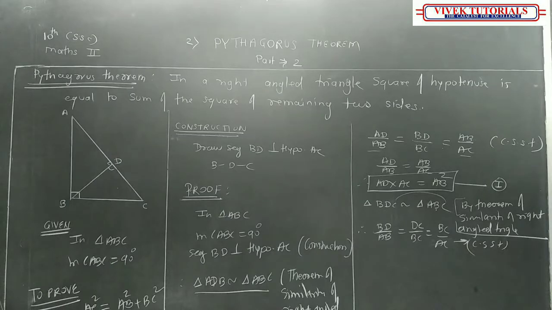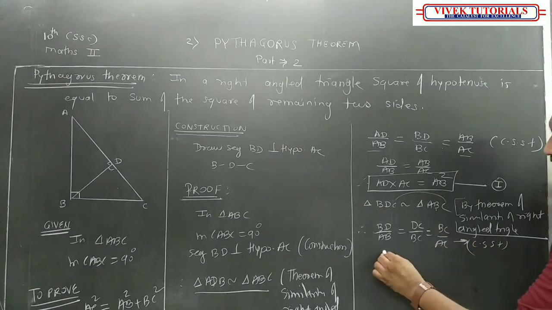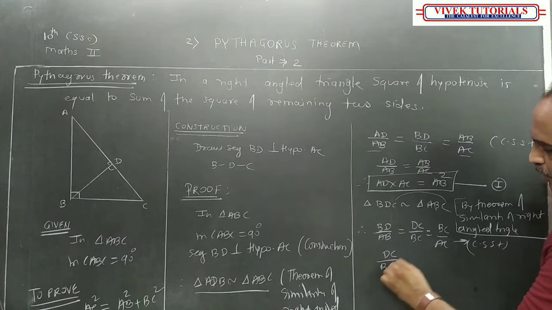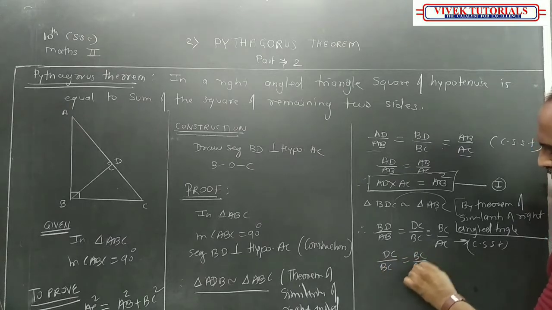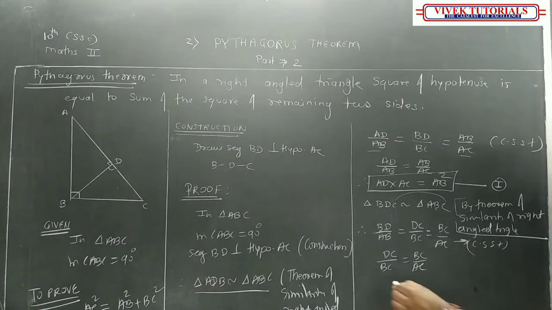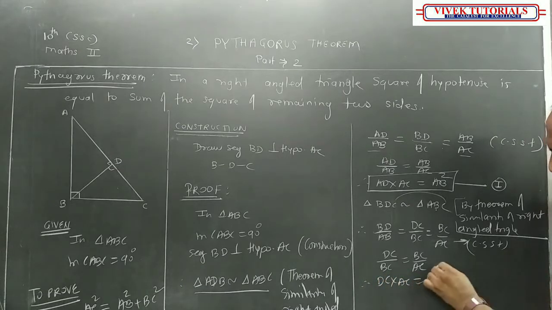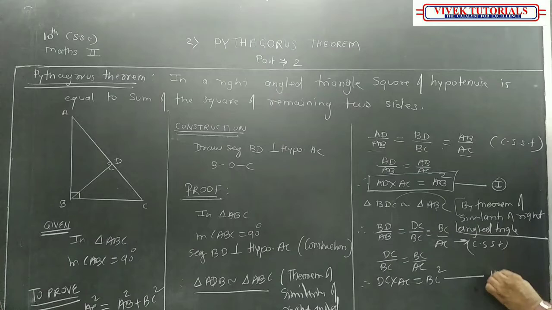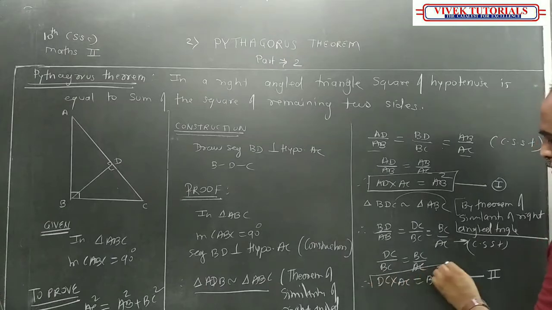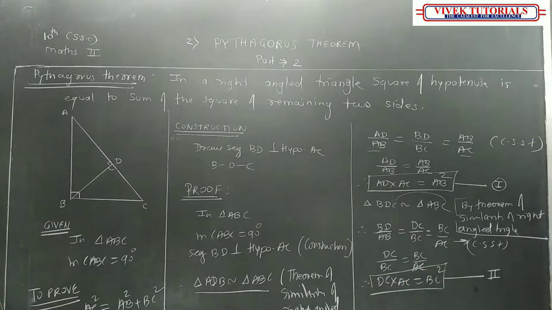Is it right? This side is get repeated. These two sides are get repeated. Now right. DC upon BC is equal to BC upon AC. Therefore, DC into AC is equal to BC square in equation number 2. Now, this is again equation number 2. So, have you understood this? What we are going to do?